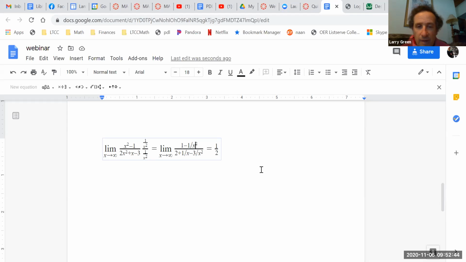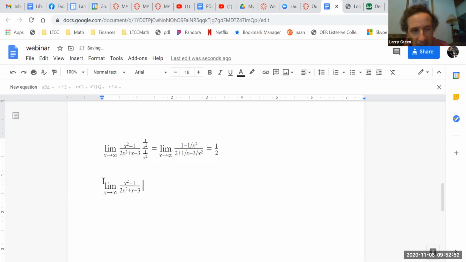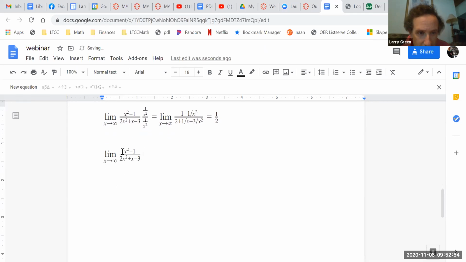Okay, so let's do another one. I'll just change it a little bit, but just enough that it changes everything. What if this x squared were an x cubed instead? How would that change things? What would you do on that first step now?